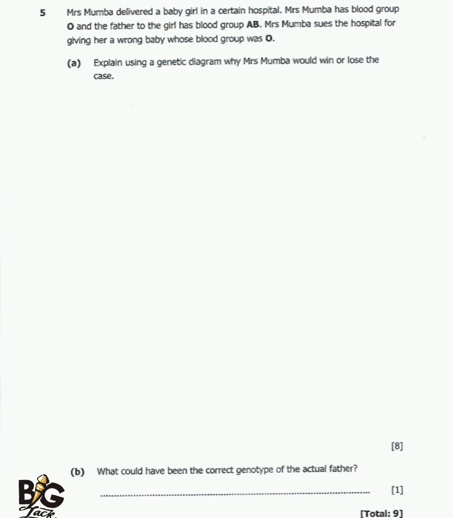So as you can see here, they are saying Mrs. Mumba delivered a baby girl in a certain hospital. Mrs. Mumba has blood group O. So here I was saying blood group O exists as homozygous recessive, which means Mrs. Mumba was blood group O as capital letter I to the power small letter o, capital letter I to the power small letter o.